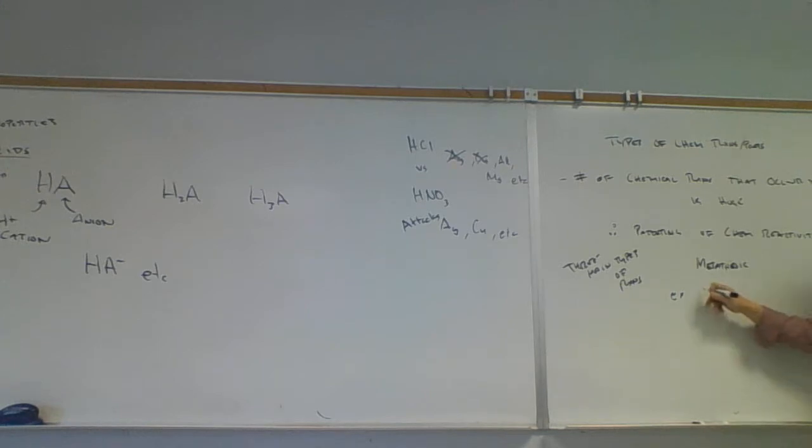So for example, let's say silver, do you know the name of this? Silver nitrate. If I write AQ here, AQ stands for aqueous. Aqueous means it's dissolved in water.